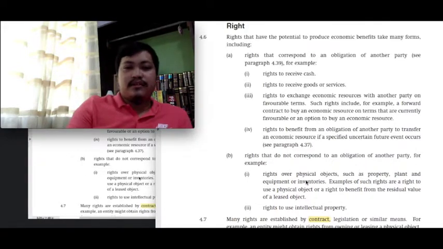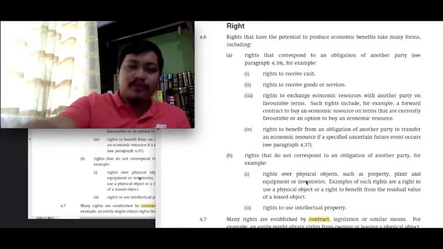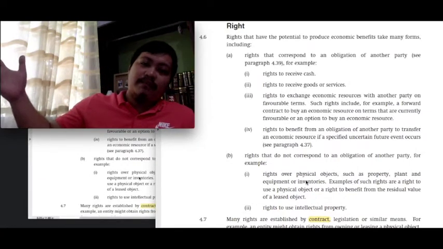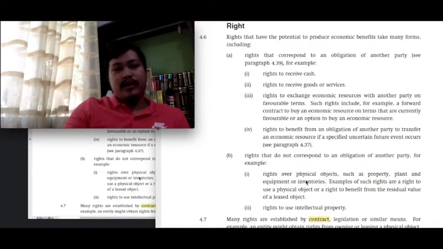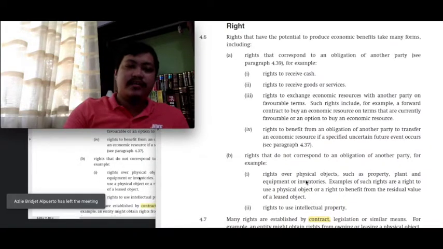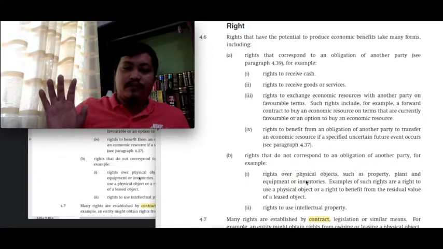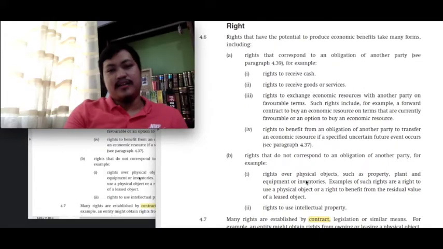So at this point, it's also important to clarify that the reason physical items, class, why property, plant, and equipment, buildings, machineries are recognized as an asset, is not because of their mere existence, but because we have rights over those assets.